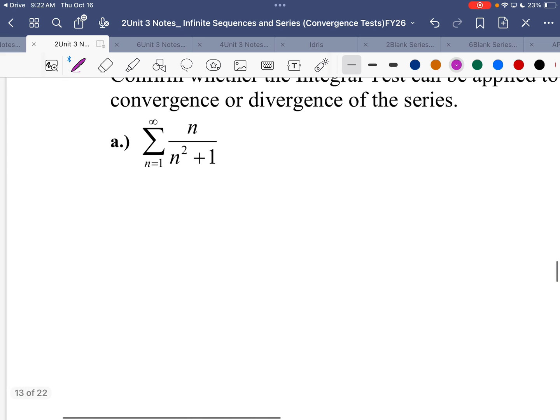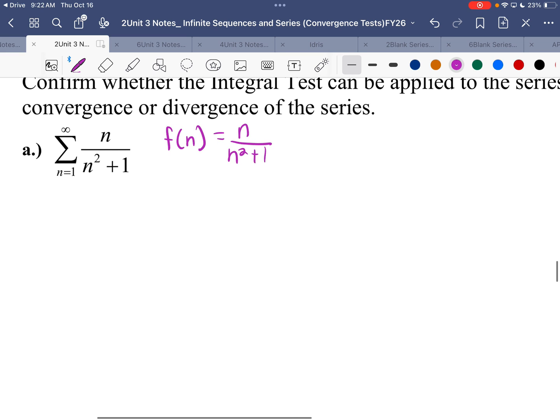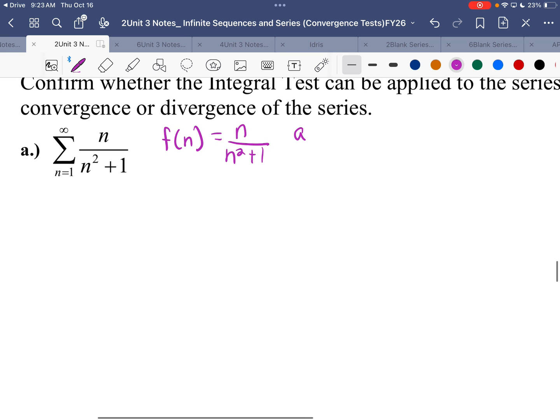So let's look at this series. f(n). We're just making it be a function. So checking to see if it is positive. Would f(n) be positive on the interval as n is greater than or equal to 1?